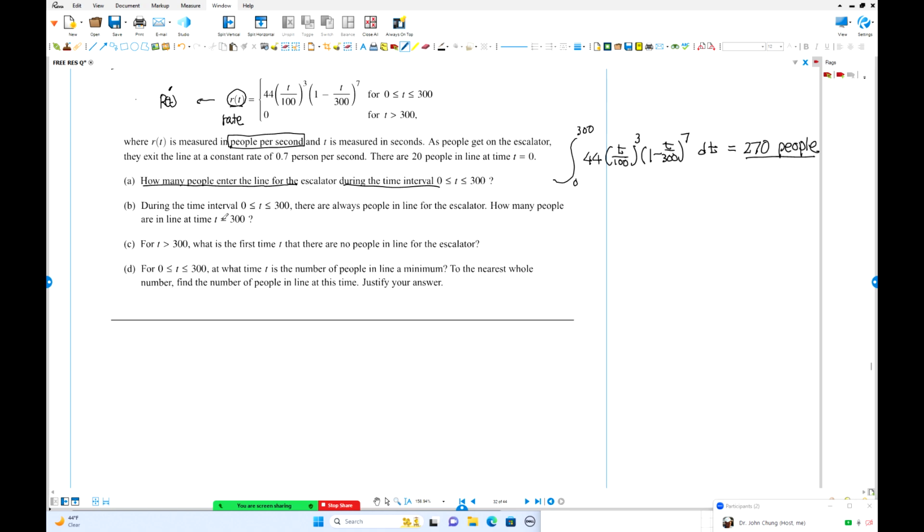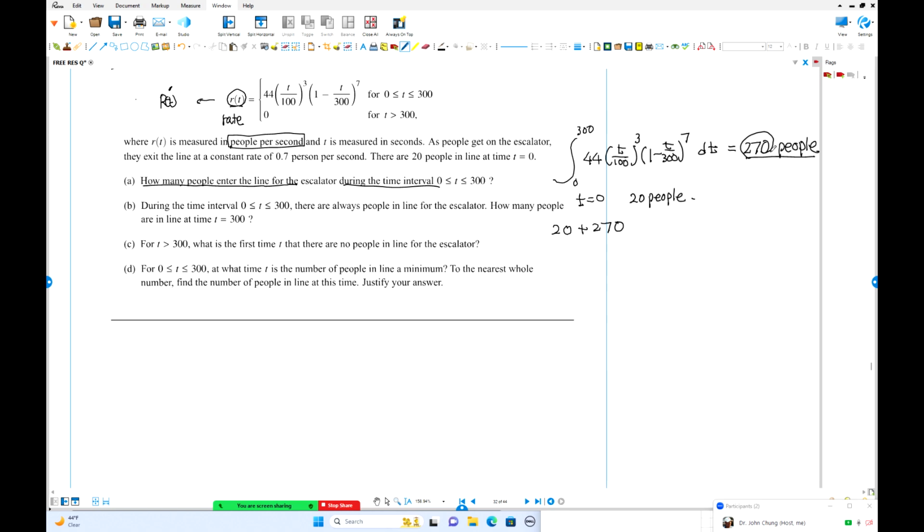At the beginning, at time t equals 0, there are 20 people at the escalator. After this, a total of 270 people got into the escalator up to 300 seconds.